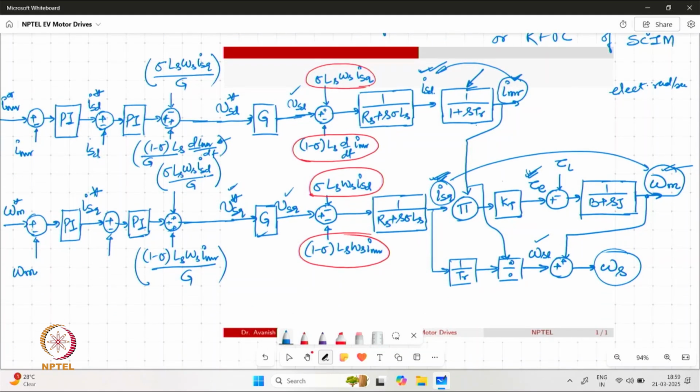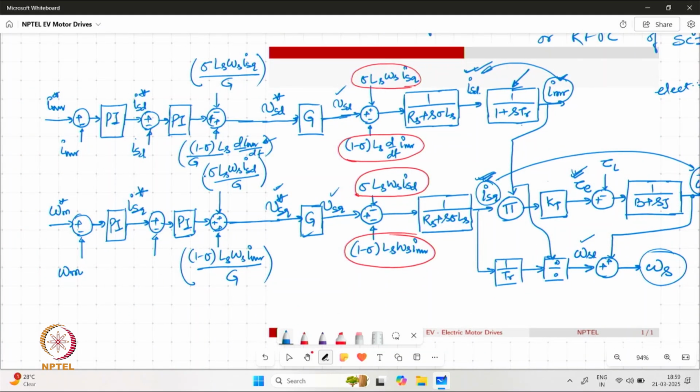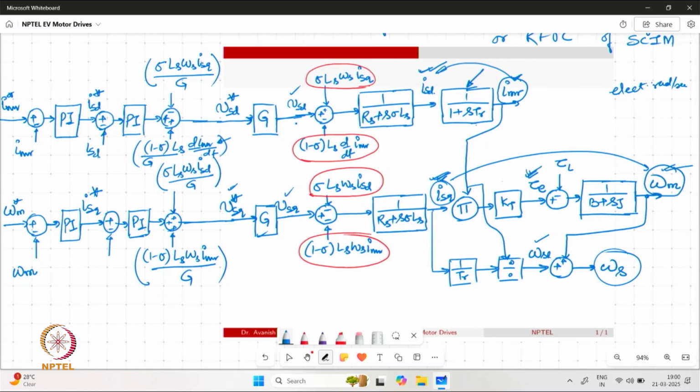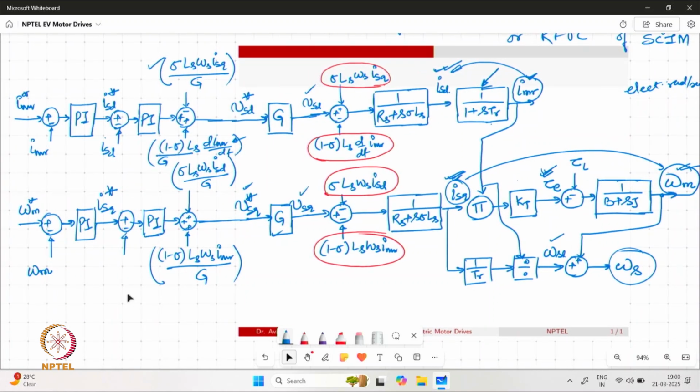Now, going ahead, the task for designing the controller is required to be taken up for this system. And we are noticing that there are several terms which are coming as a disturbance.